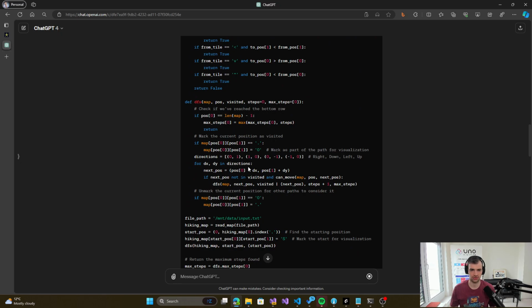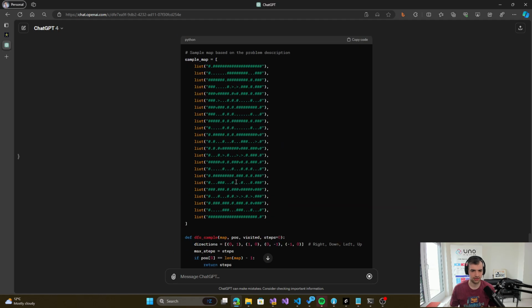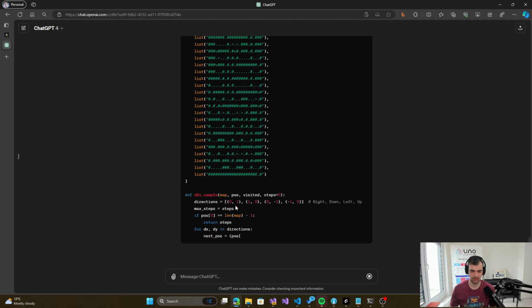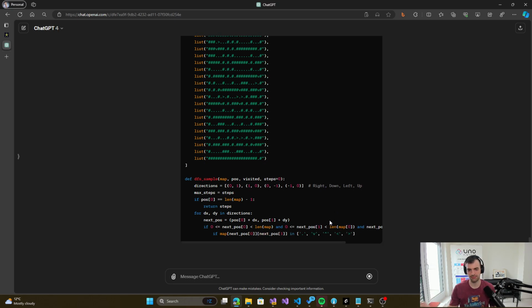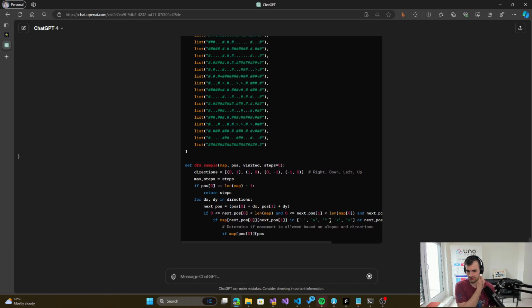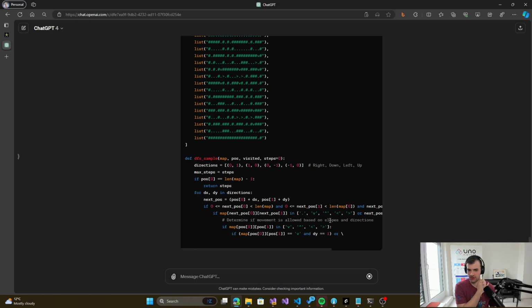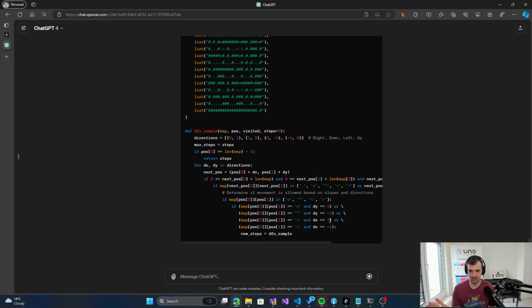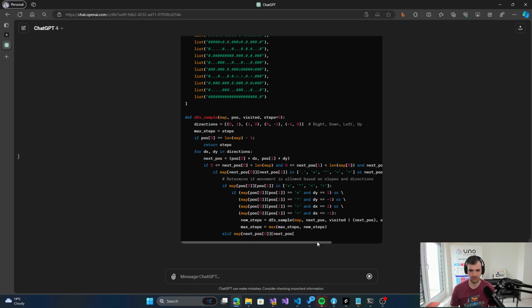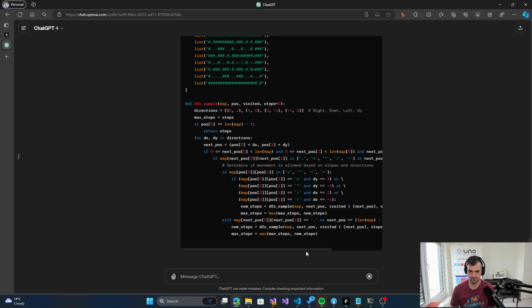I think that's just my guess. So let's see what it does. Actually, the second part of the problem might be easier for ChatGPT to solve because there are no arrows, or arrows are being ignored. So maybe that will make the whole thing easier for ChatGPT, but we'll see.